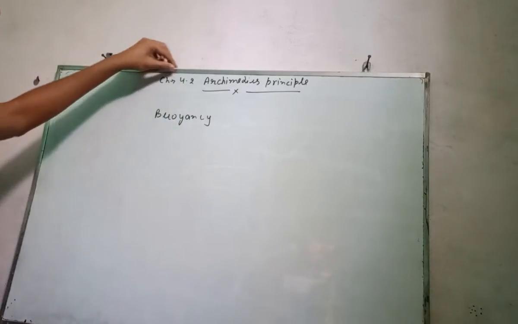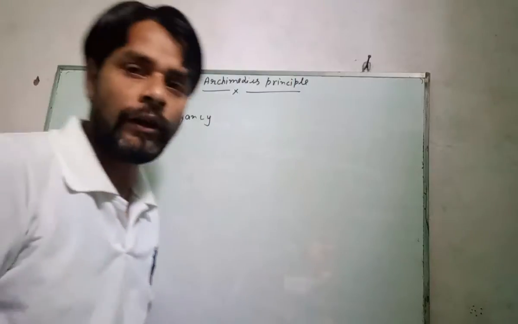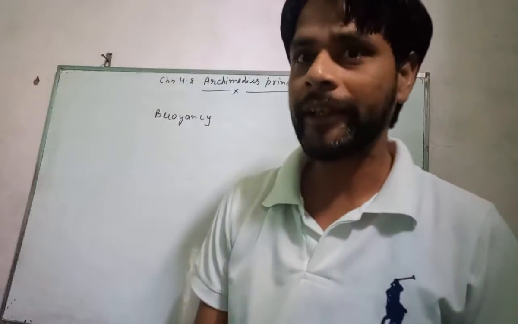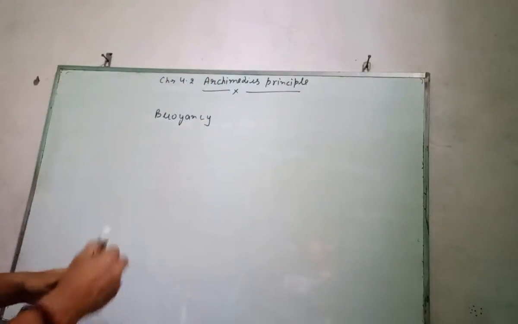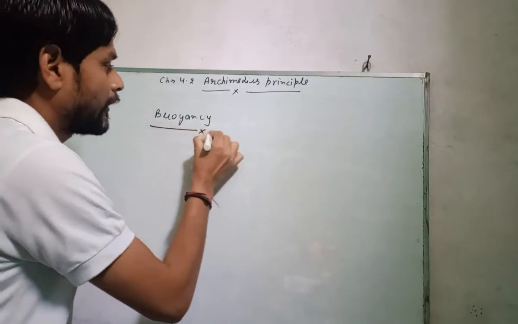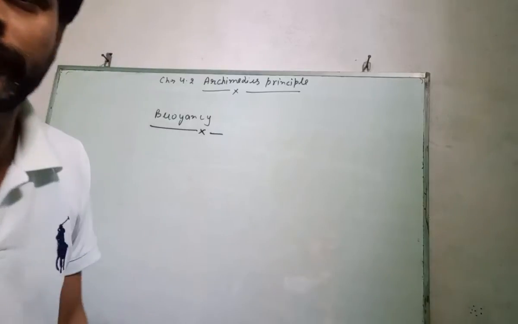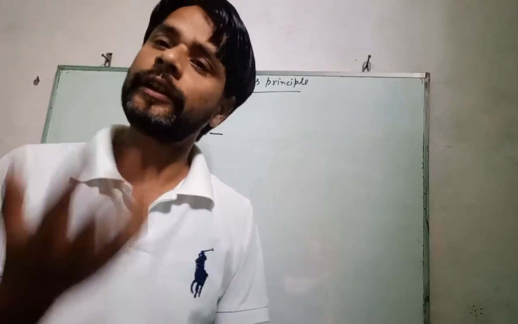In this part, we studied Archimedes principle and the floating or swimming rules. Firstly we read about buoyancy, that is called buoyant force. When an object is immersed in water, a force acts on the object in the upward direction.